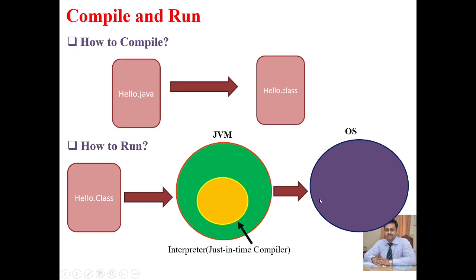So the difference between them is that the compiler makes a file and stores all the translation in it, but the interpreter does not store it. It reads one line at a time, translates it and hands it over to the operating system.